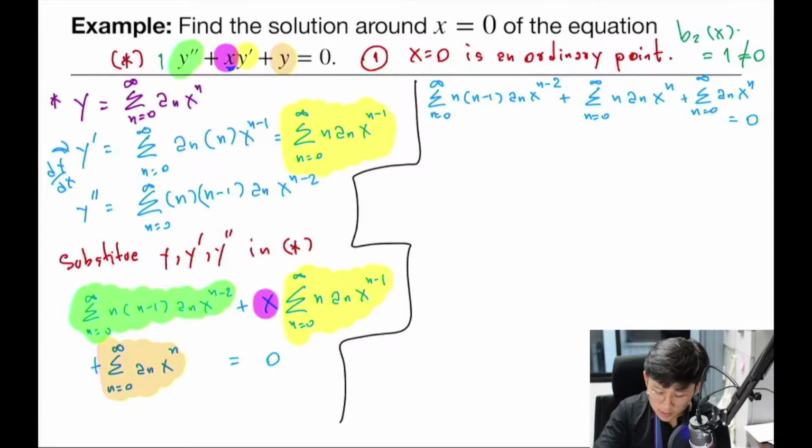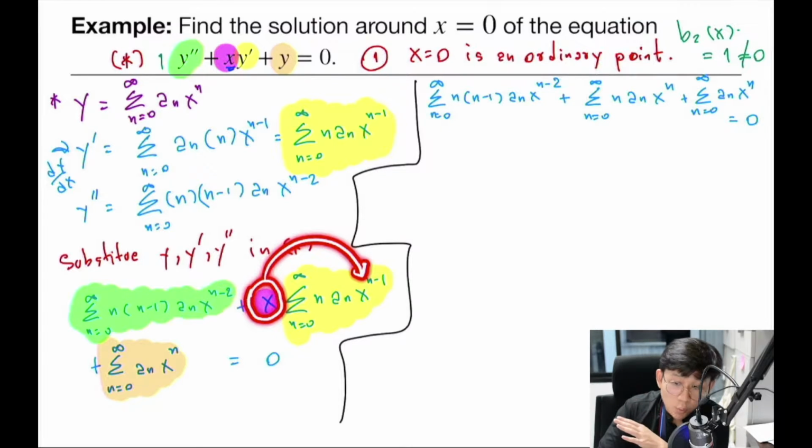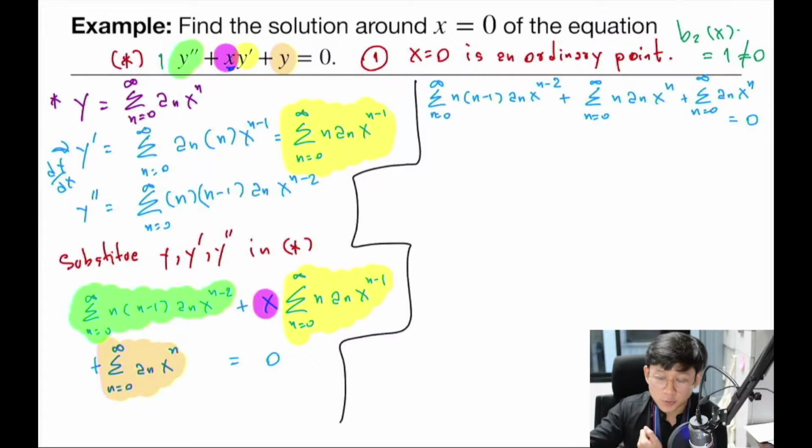Here I push x in there, so x times x to the n minus 1 gives you x to the n.